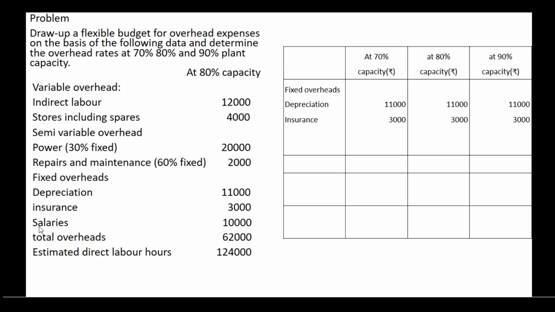And the next, we enter the estimated direct labor hours. For the 80%, the labor hours are 1,24,000. On the basis of this, the 70% estimated direct labor hours, that is 1,24,000 into 70 divided by 80.